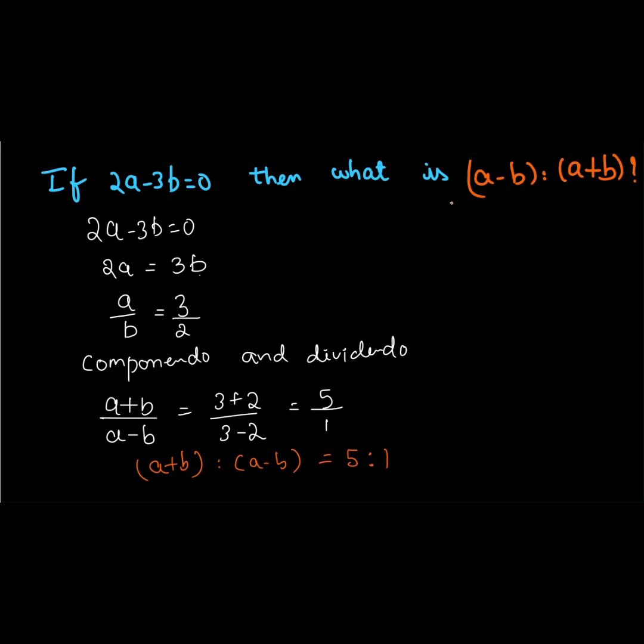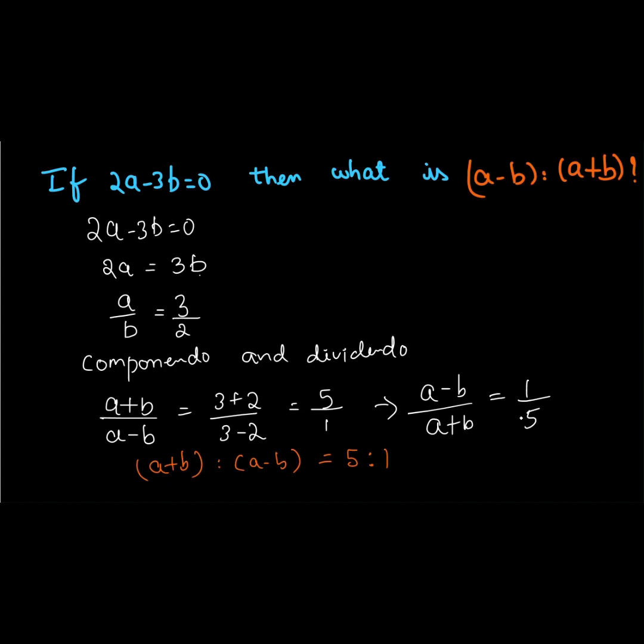But the question is, if you look at this, it's something like an inverse. We have first a minus b and then a plus b. So now using the operation called invertendo, just flipping the fraction, we get a minus b over a plus b, which is nothing but 1 over 5.